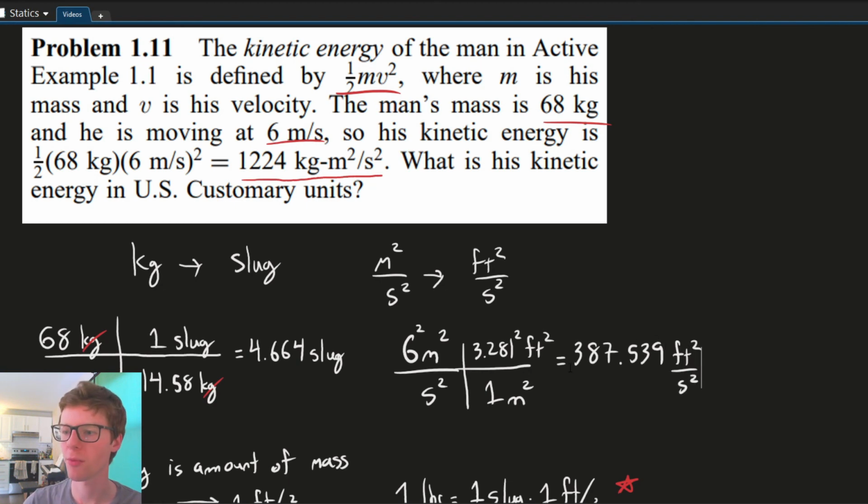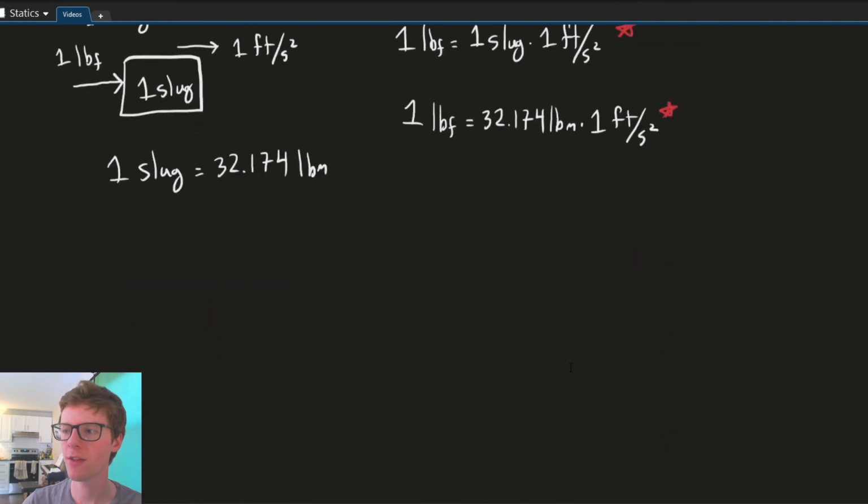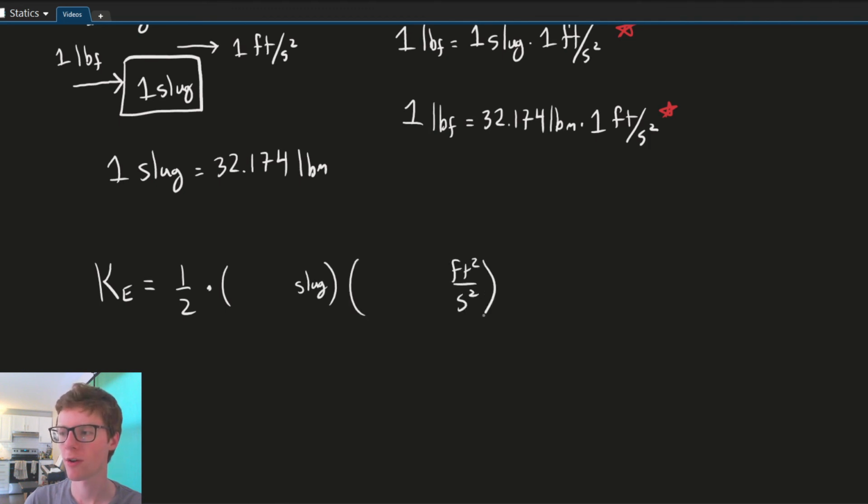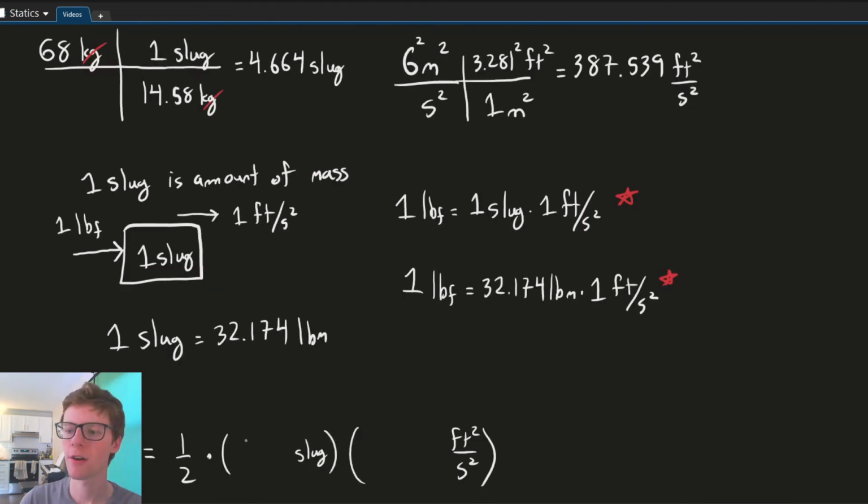All right, we're almost done with the problem. Now we just need to take these values and calculate our new kinetic energy. So our kinetic energy is 1/2 times the value from above in slugs and the value from above in feet squared per second squared. These values are going to be 4.664 slugs and 387.539 feet squared.